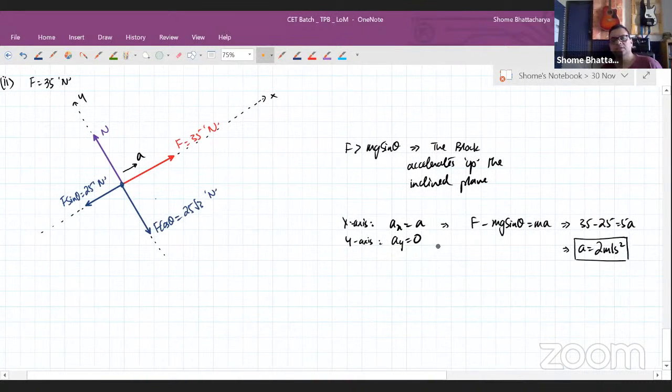And along our y-axis, n minus mg cos theta should be 0. So there is no y component of acceleration.